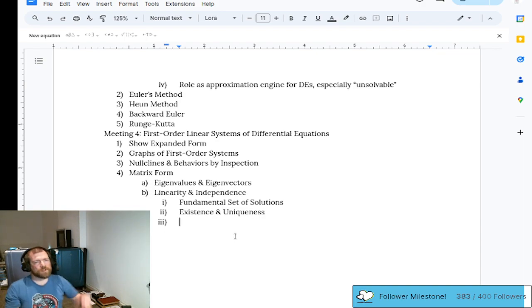Yeah, so now that we put this in this order, this is going to go from first-order linear differential equations to first-order linear systems of differential equations. And what's going to happen is that we go through all of this stuff, we end up in the matrix form of first-order systems at the same time as the linear algebra students who are in differential equations are learning in their linear algebra class how to do row-reduced operations, or row-reduced echelon form.